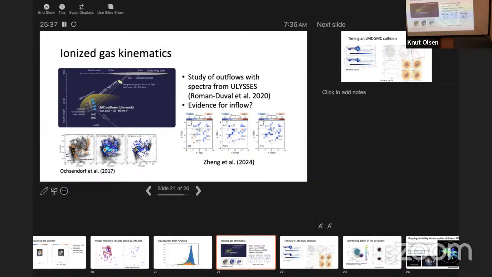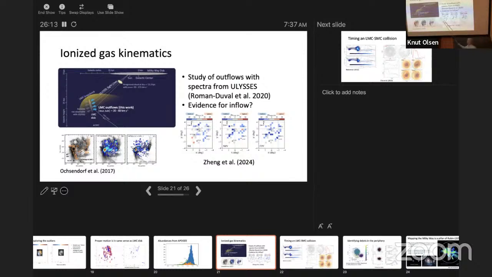And what she had been working on is looking at the outflows from the LMC disk using Ulysses, where you have background quasars as sources, you get spectra of those quasars, and look for absorption lines in the gas of the LMC to detect the outflows. What we've seen is sort of mapping different ionization species. You clearly see the signature of outflow.